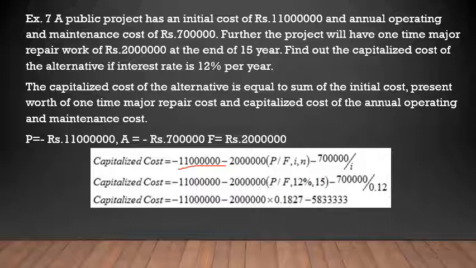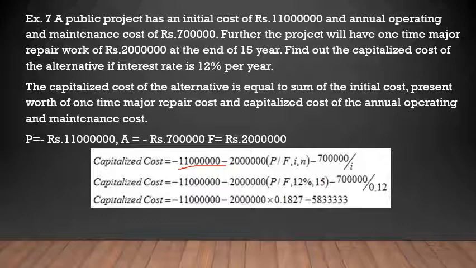Convert that into P using the factor P by F, and then 70,000, that is the annual operating and maintenance cost, has to be converted into P. So how do we convert A into P when n tends to infinity? We have already derived that A can be converted into P using the factor 1 by I, that's all. Not the original factor that we had. So it is just 1 by I.